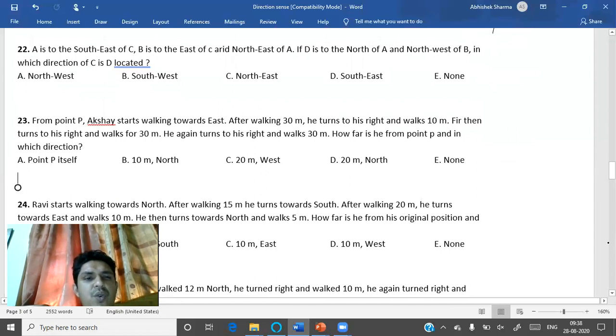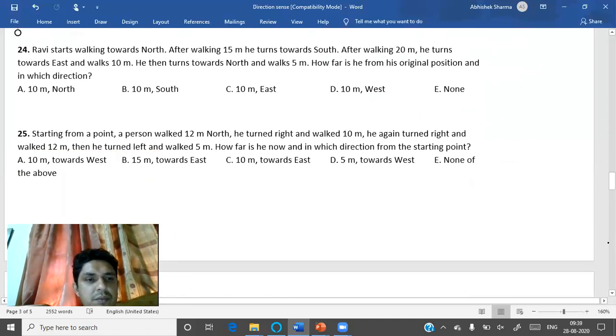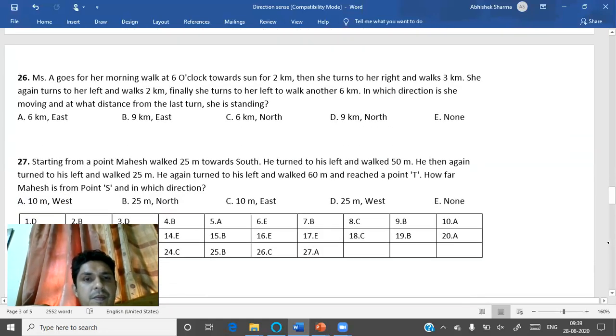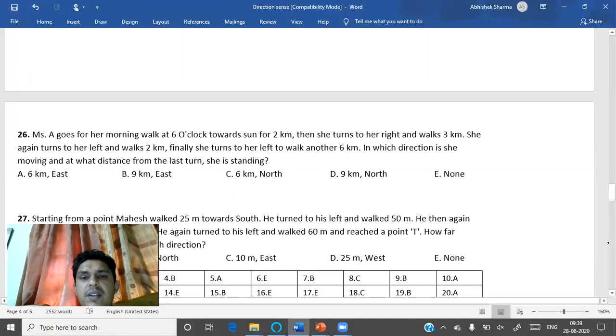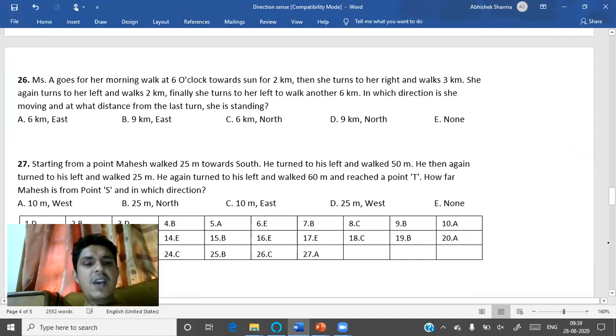Okay. So let us take another question and the last question of the sheet. Okay, so friends, this was all about the topic direction sense, where the sheet has 27 questions, and I have taken a few questions of the sheet.